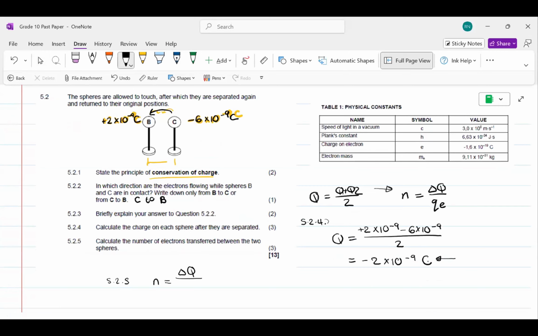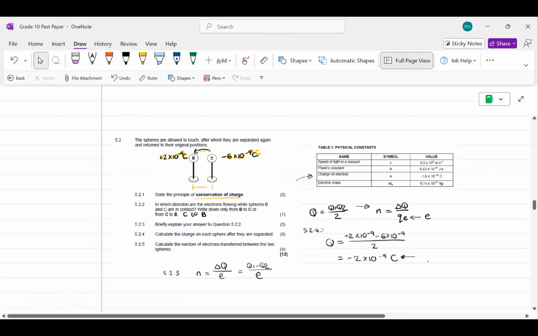Sometimes they write it as Qe, sometimes they write it as e. In your constant sheet, it's written as e, right? So here, you would do the same thing that you did for Q for the change in electrons, except now you're going to minus them. So you're going to say Q1 minus Q2 over e, right?